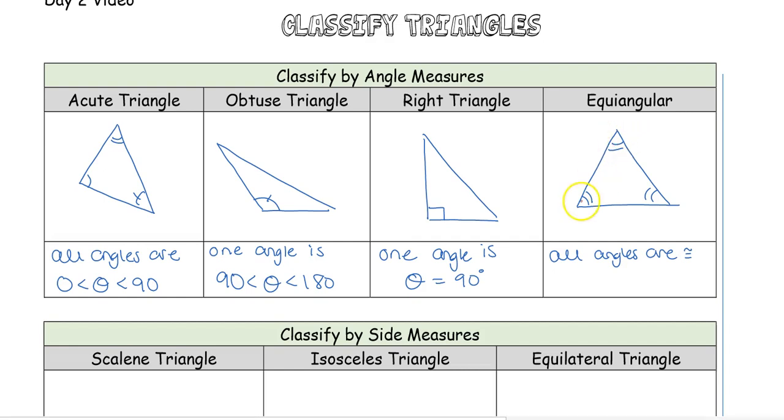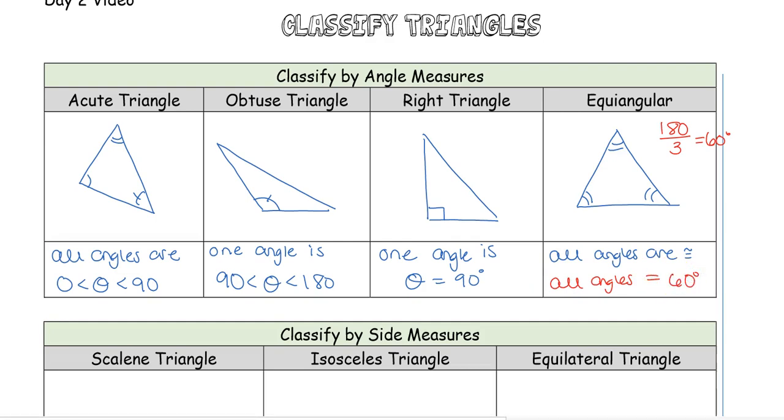If it's equiangular, we have three congruent angles. We know that all three angles in a triangle add up to 180. So if I divide that into three equal pieces, each angle is going to be 60 degrees. So not only are all the angles congruent, all angles equal 60 degrees.